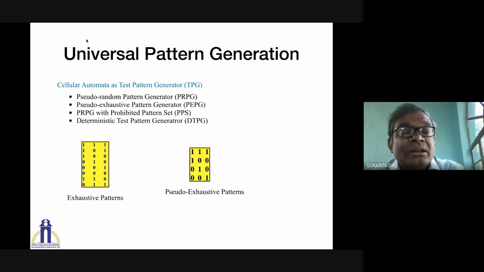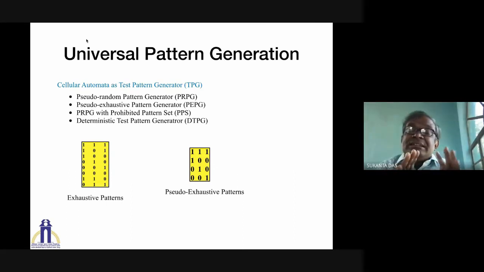Okay. Theories are there. I shall not go into the theory. I'm just giving you an overview today. Cellular automata, especially reversible linear cellular automata, I'm talking about linear cellular automata, can generate these patterns exhaustively.